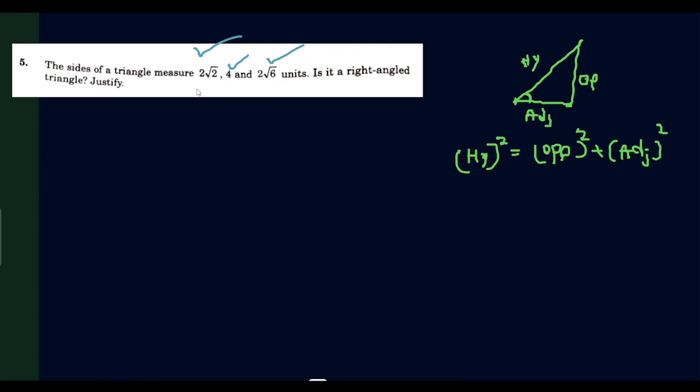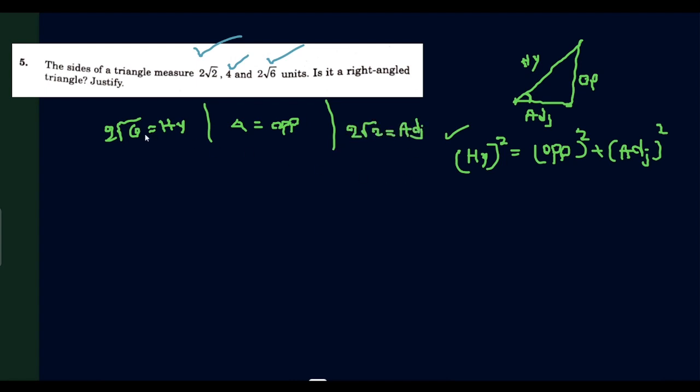But if the sides satisfy this condition in any of the cases, then we can consider these the sides of a right angle triangle. So first, I'm considering 2 root 6 as the hypotenuse, 4 as one of the sides, and 2 root 2 as the adjacent side.